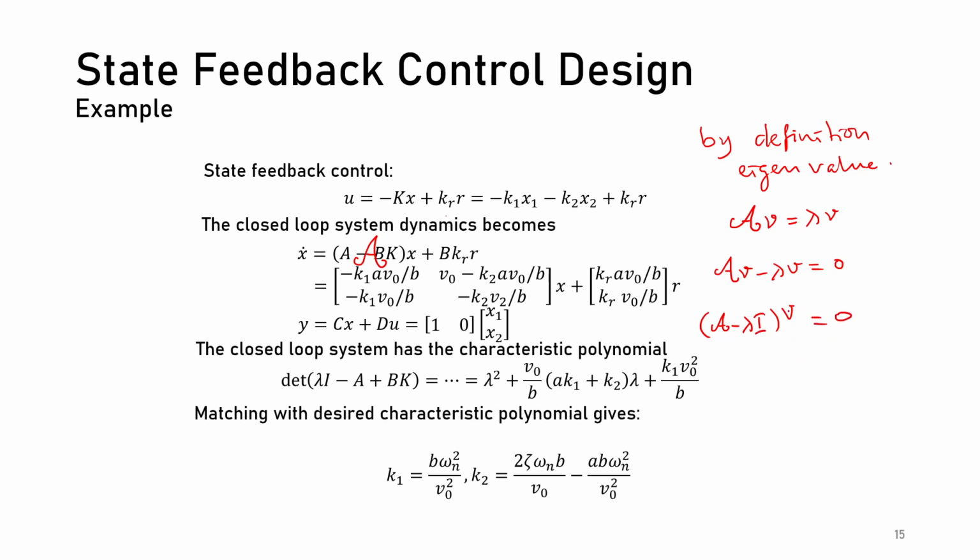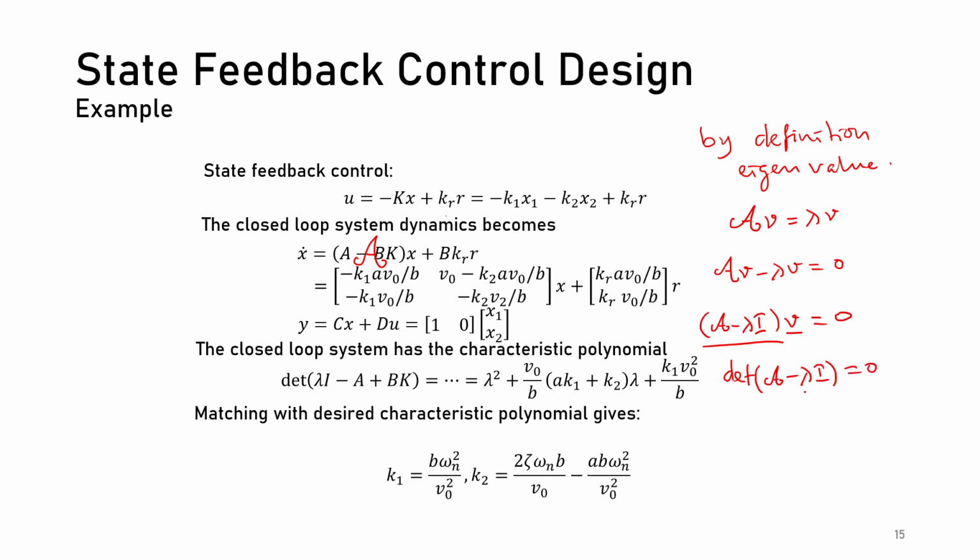So for zero eigenvector V, it's not interesting because of course we already know anything multiplied by 0 must be 0. But what is most interesting is that if V is non-zero, what is the condition for this whole matrix to have this equality satisfied? So the condition is that the determinant of this matrix is 0.